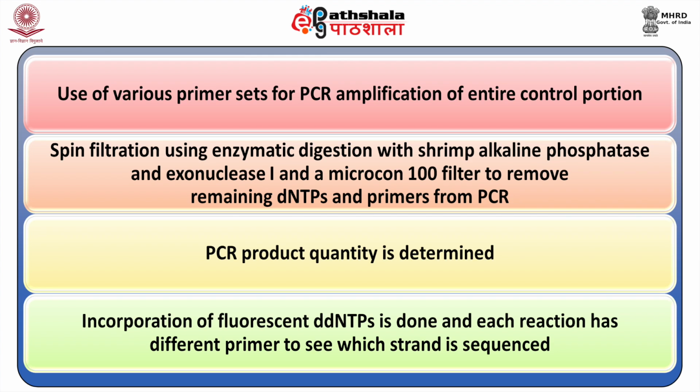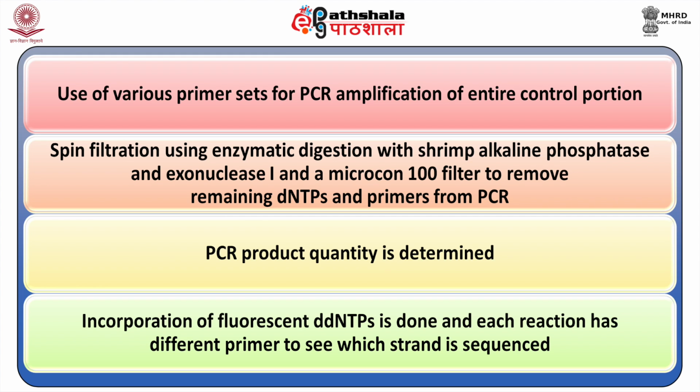Then spin filtration using enzymatic digestion with shrimp alkaline phosphatase and exonuclease 1 and a Microcon 100 filter to remove remaining dNTPs and primers from PCR.